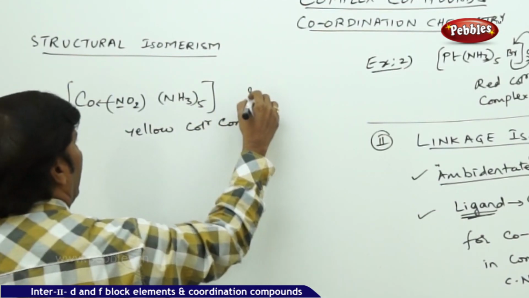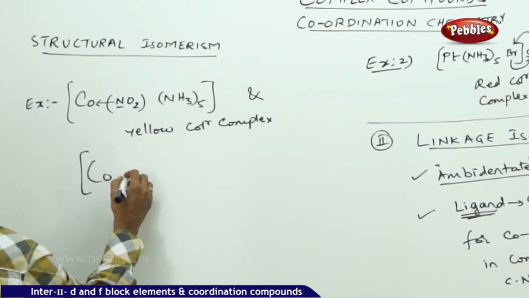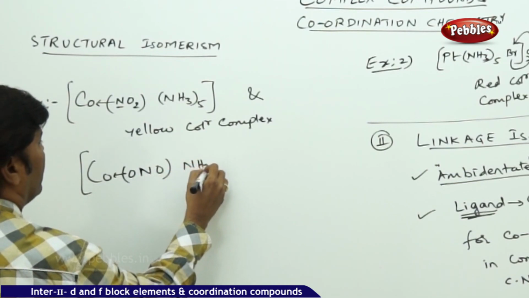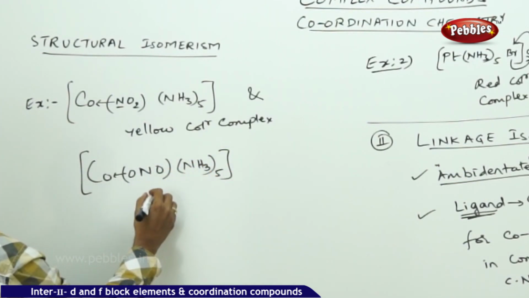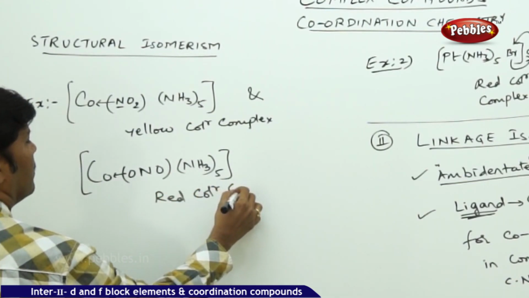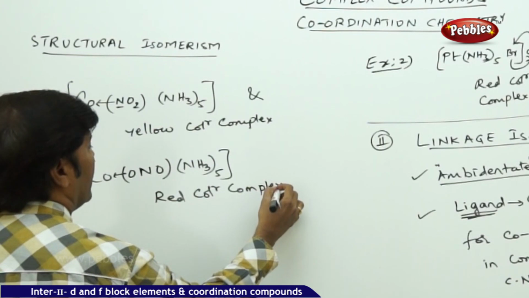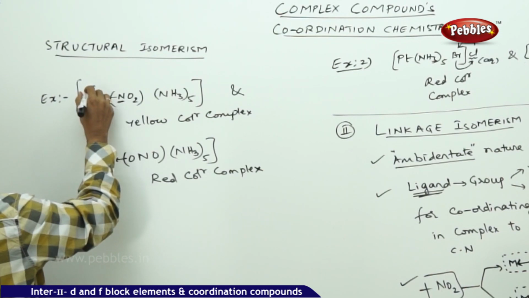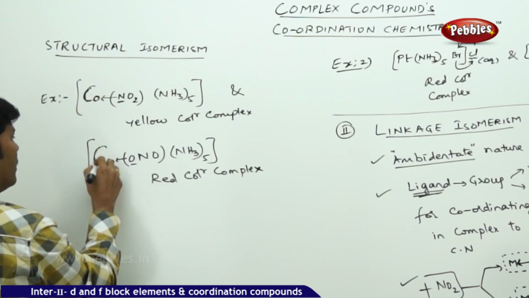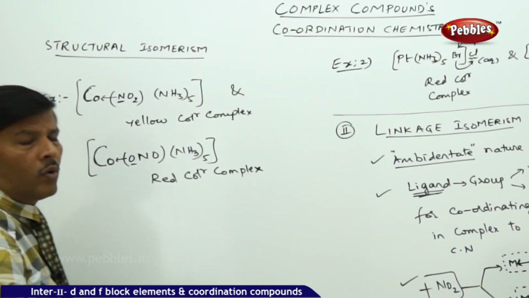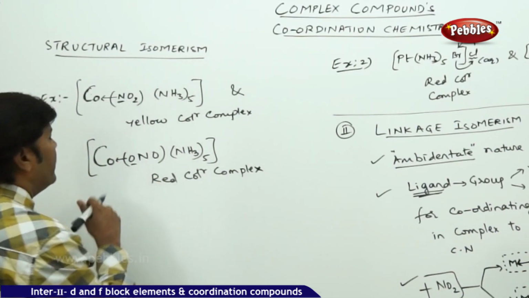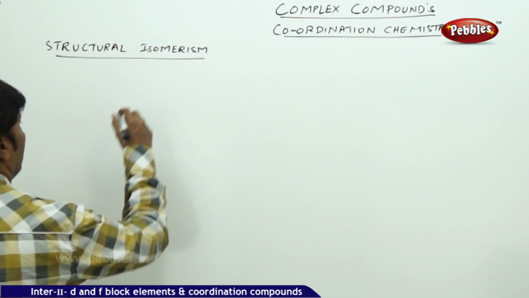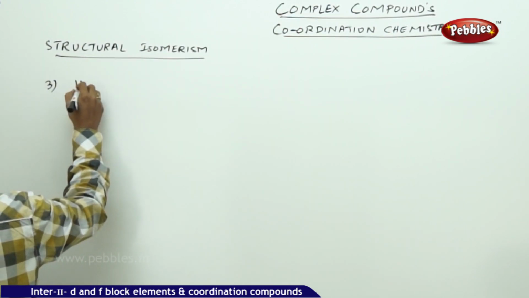In the next case, you can add cobalt of ONO coordinating complex with NH3 taken 5 times. This is a red color complex. So it is very clear that in one case nitrogen coordinates with the cobalt, and in the other oxygen coordinates with the cobalt. Two different atoms come into coordination with the central metal. That's why this is a perfect example of linkage isomerism. Now the third category of structural isomerism is hydrate isomerism.